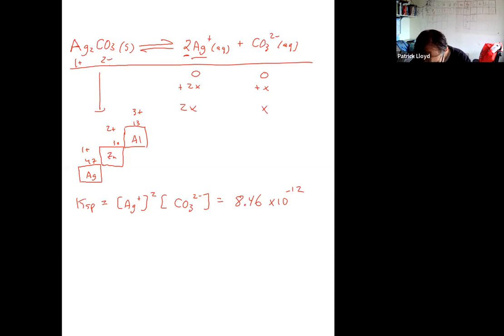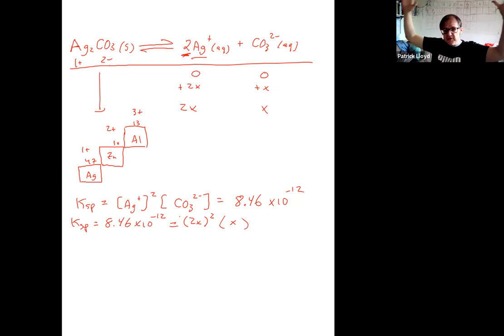That means our KSP is 8.46 times 10 to the -12, but it's also (2x) squared times x. See how that shows up? The 2 shows up twice because 2 of them are formed, and the way we write equilibrium expressions is we use exponents for the coefficients.